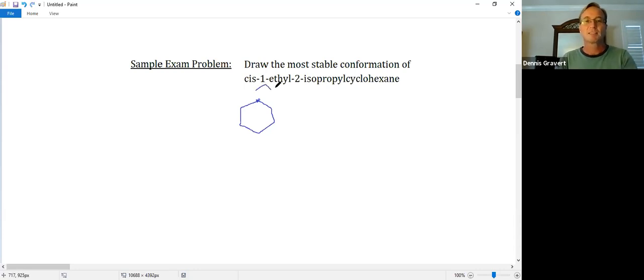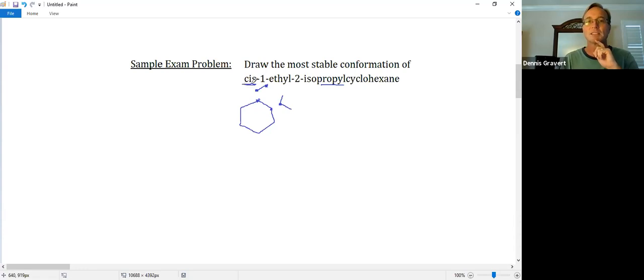Why do we keep doing it? 1, 2 carbons out there. On carbon 2, I need to attach isopropyl. Well, propyl's 3, and isopropyl is where you connect to the parent chain through the middle carbon of those 3. So here's my isopropyl group, there's my ethyl.